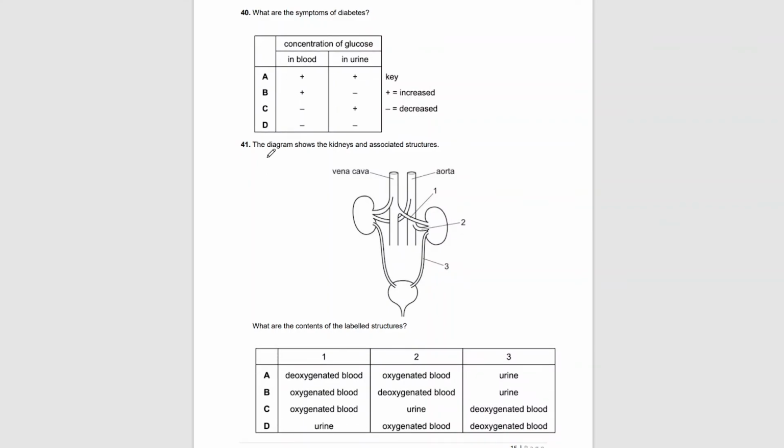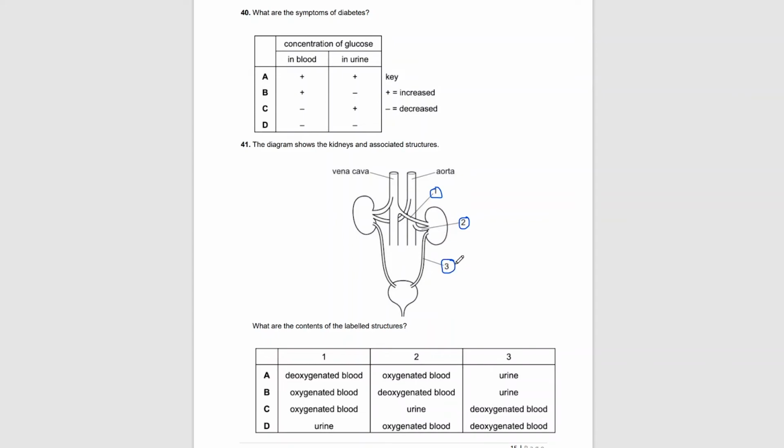Question 41. The diagram shows the kidneys and the associated structures. What are the contents of the labeled structures? One is the renal vein because it's connected with the vena cava. Two is the renal artery because it's connected with the aorta. And three is the ureter.